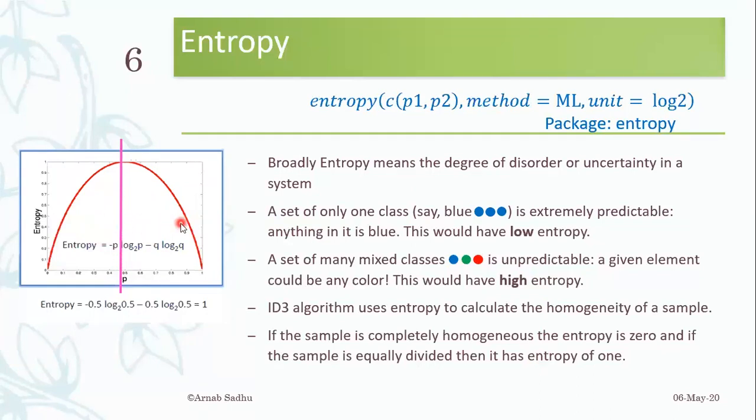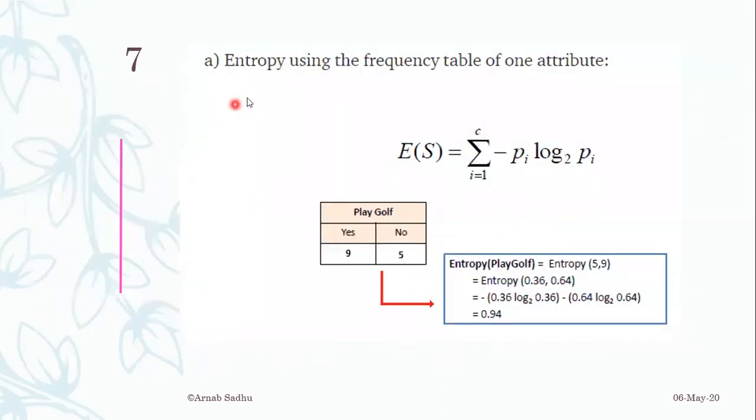Here we have taken an example where we have two classes, play golf, either yes or no. So what will be the entropy? Entropy of play golf is entropy of (9,5) or (5,9), whatever, the same value will be there. So entropy (5,9) is minus 5 by 9 log 5 by 9, and this 5 by 9 is nothing but 0.36.